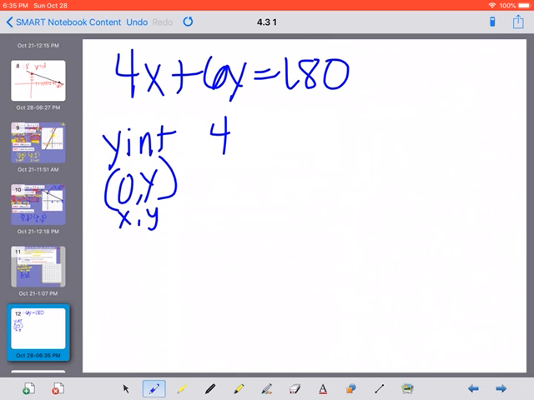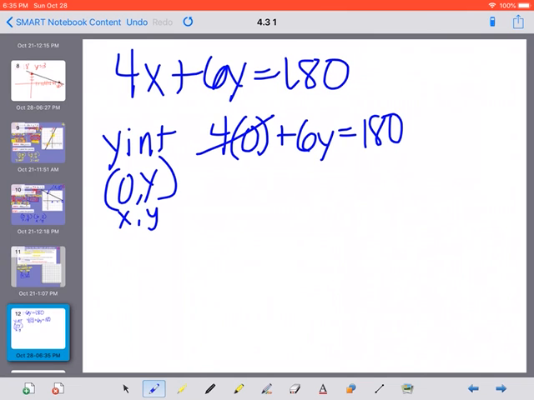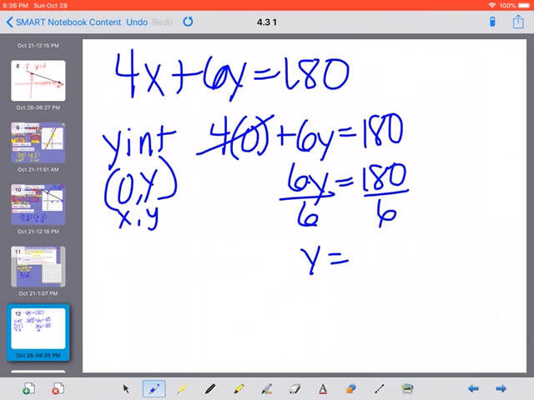So we have 4 times x, which is 0, plus 6y equal to 180. Anything times 0 is 0. So really we just have 6y equal to 180, and then divide by 6. Well, 18 divided by 6 is 3, so it's really just 30. So there's y.